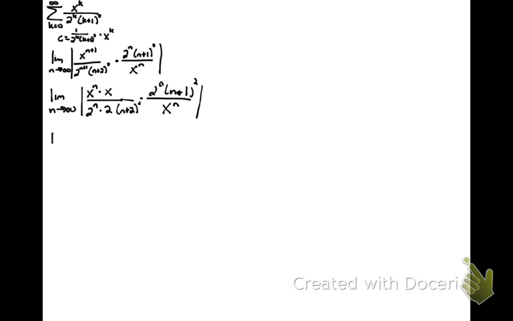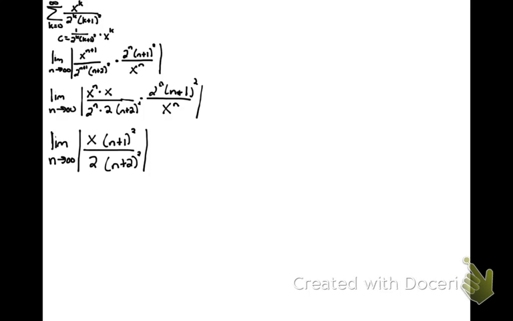So I'm still looking at the limit as n goes to infinity. The x to the n's divide out, and I'm left with just x. The 2 to the n's divide out, and I'm left with just 2. And I have n plus 1 squared in the numerator and n plus 2 squared in the denominator.